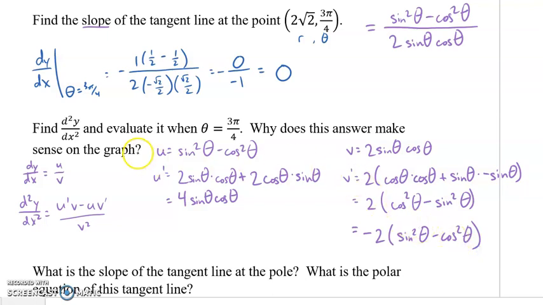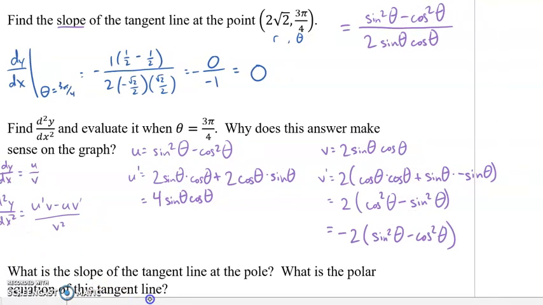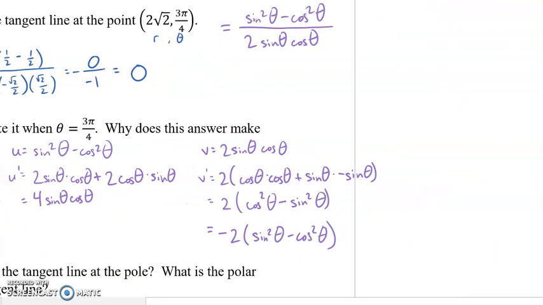All right, so that's u and u prime and v prime, so I can include those in our quotient rule. The other thing to remember is that these are all derivatives with respect to theta, but we're actually taking the derivative with respect to x. So that's that extra little bit of chain rule that we have to remember.